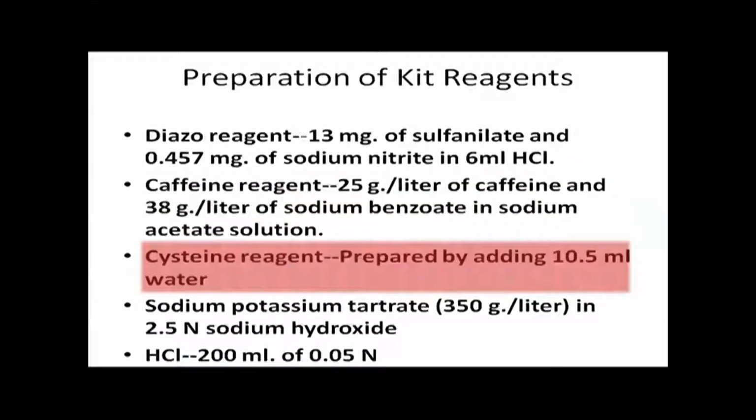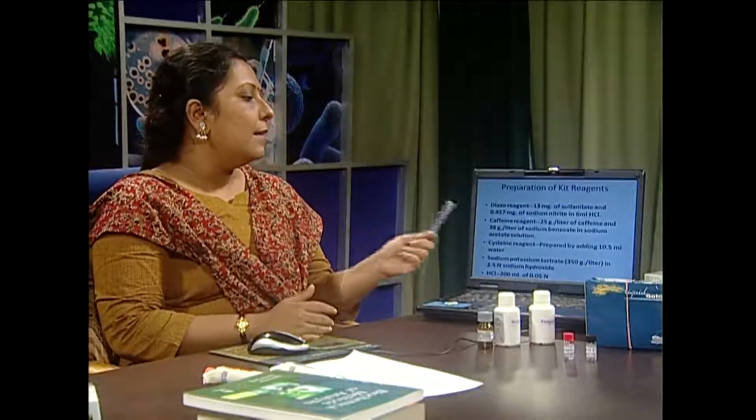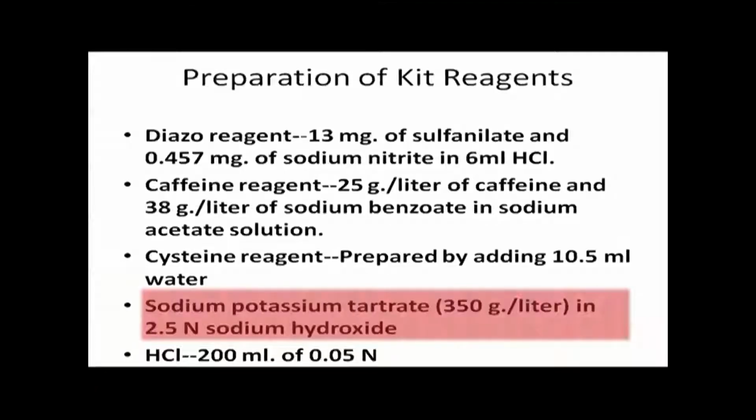Cysteine reagent is actually given in the dry form, lyophilized form, that will be dissolved in 10.5 ml of water. It will be made 350 gram per liter in concentration in 2.5 normal sodium hydroxide.